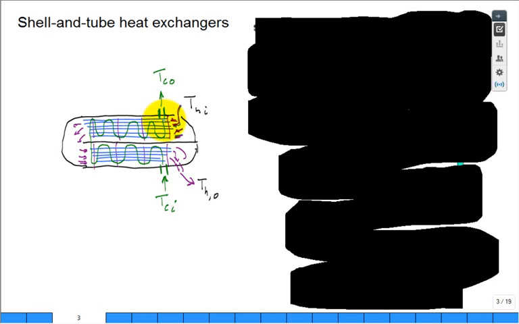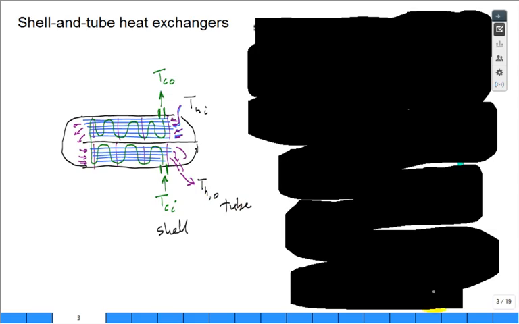Well, they introduce baffles or plates that have some sections where it can flow, but not the other section. So baffles or plates. So this would be, as I've shown it, the shell side, and this would be the tube side. Again, there's plenty of different configurations of these.